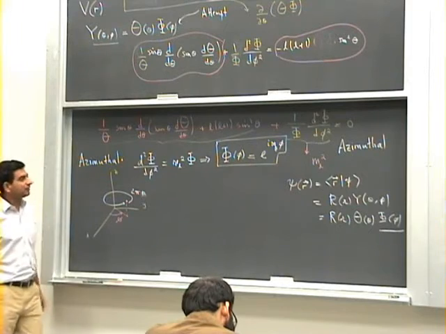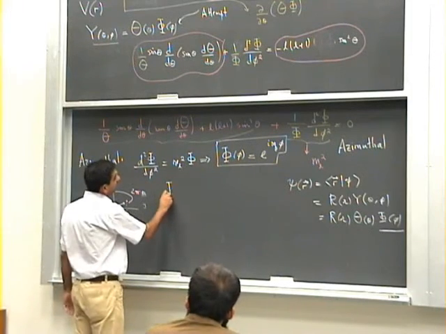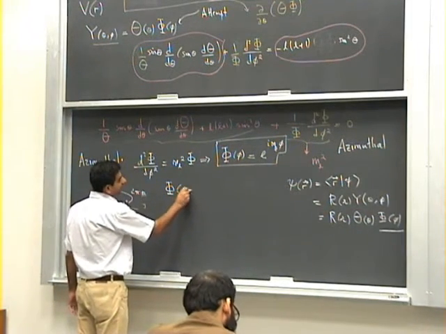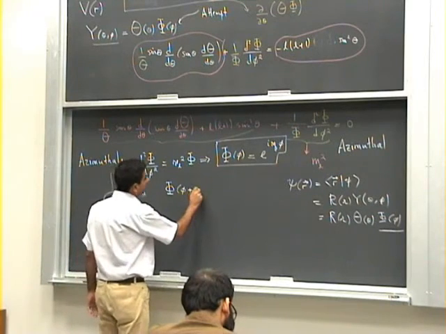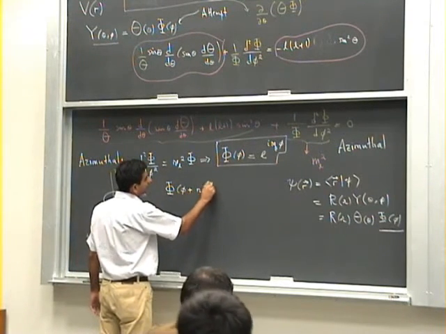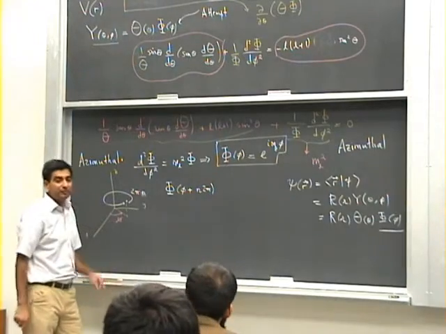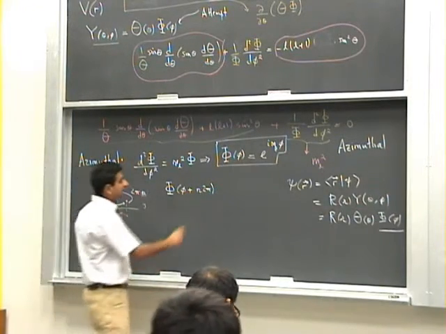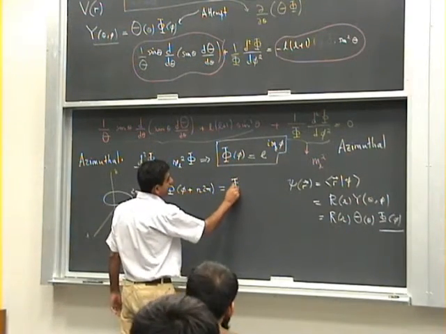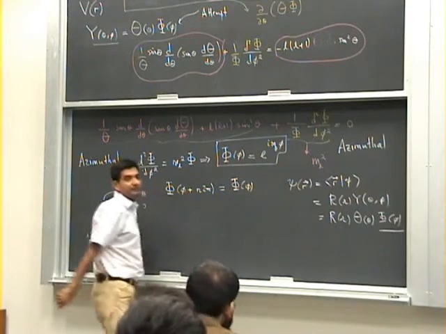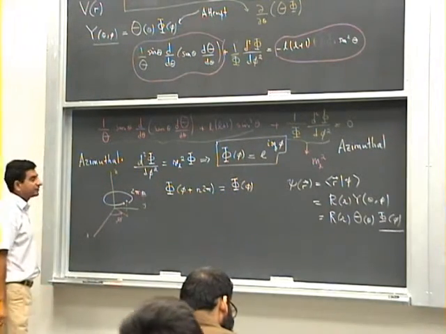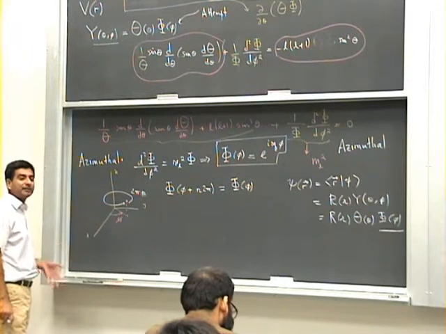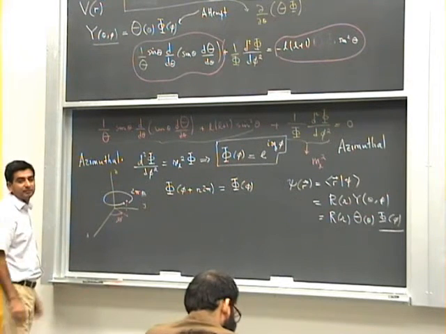Right? So what does this mean? This means that if I take the wave function at multiples of 2 pi, the wave function should be equal to the original wave function. So this is my constraint. Right? The wave function cannot take up two different values at the same point in space.